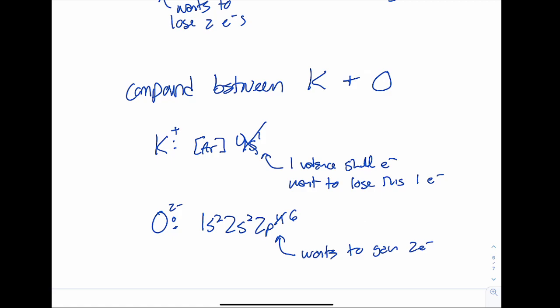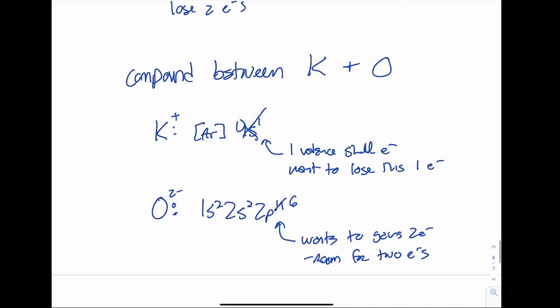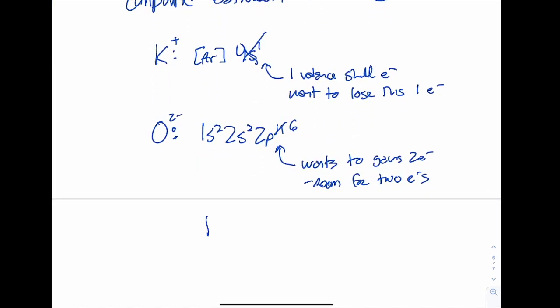I have the same electron configuration as neon. It's more stable when it gains 2 electrons, right? There's room there for 2 more. So because potassium is only going to lose 1, but oxygen's going to gain 2, I'm actually going to need 2 potassium for every 1 oxygen.